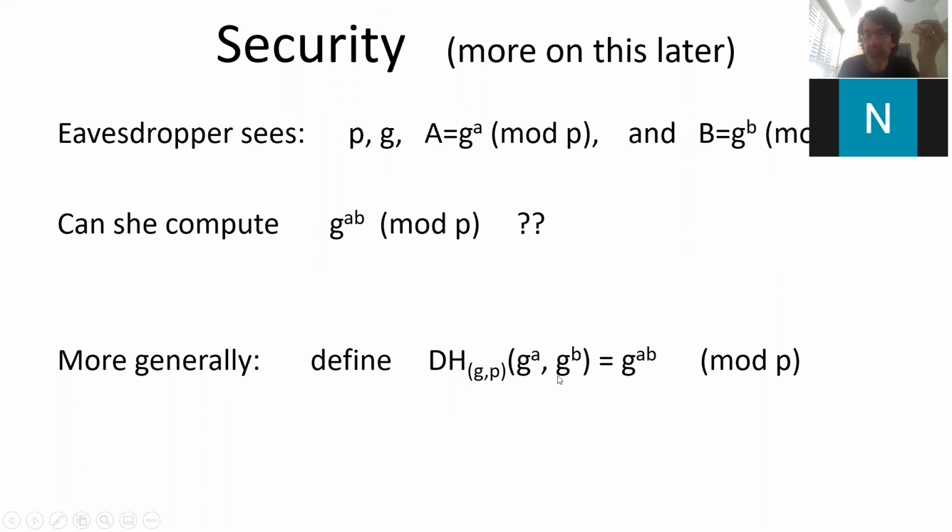Now, that function can be computed efficiently if you know the trapdoor, which is either the discrete logarithm between G and this element, which is a little a, or the discrete logarithm mod P between base G and this element, which is the little b.